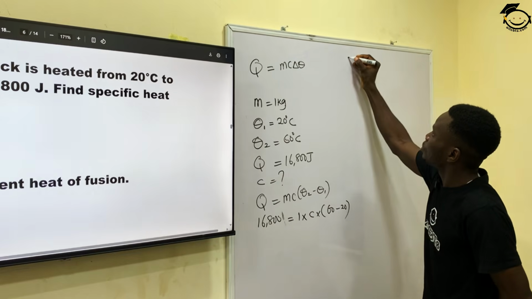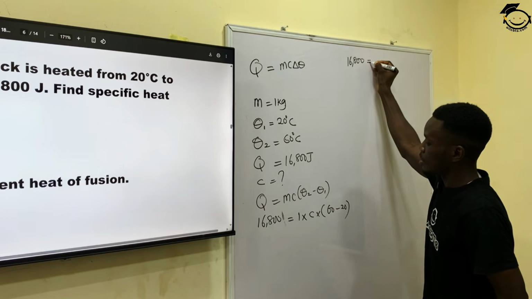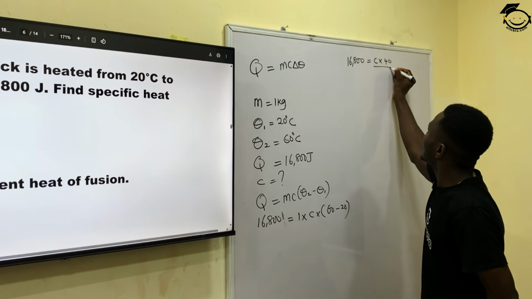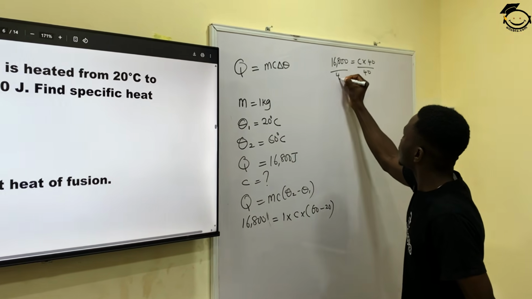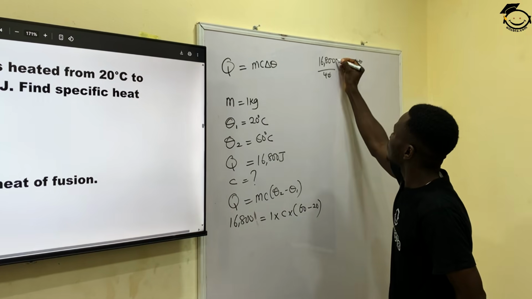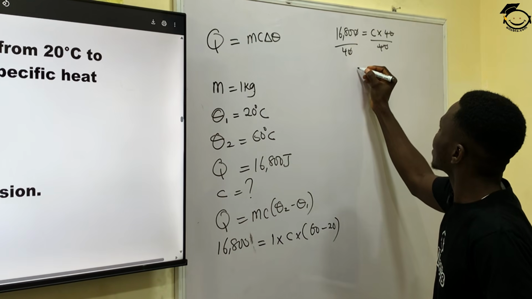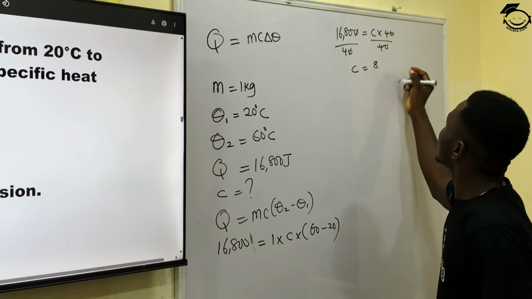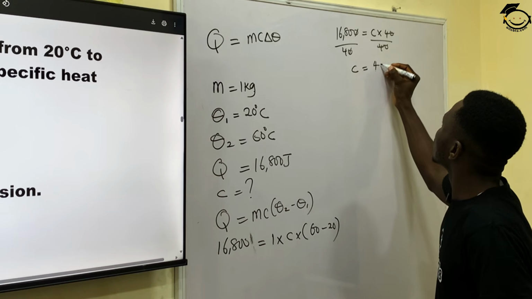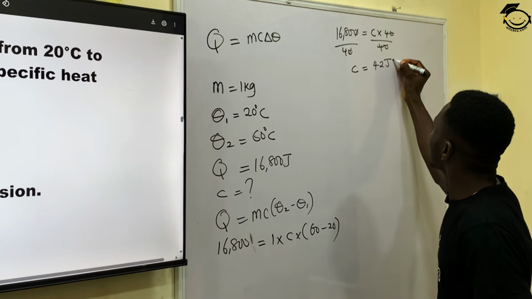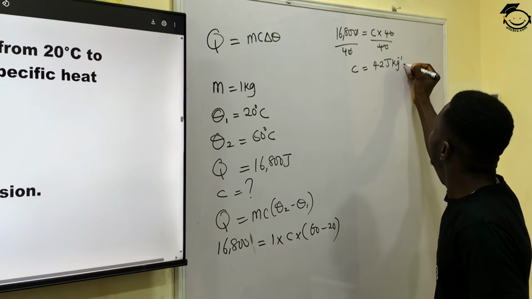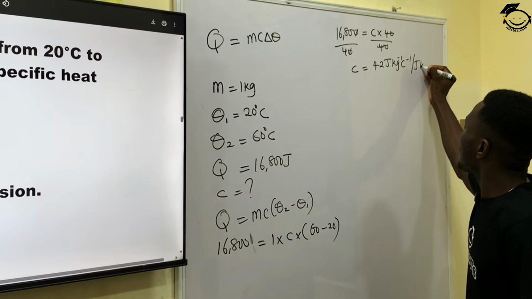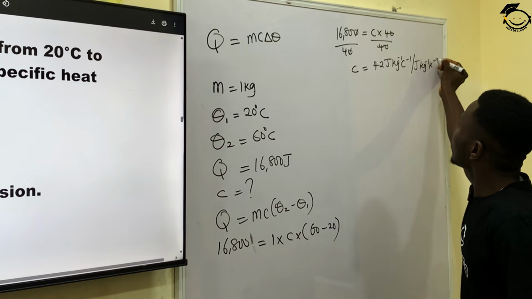So that will give me 16,800 is equal to C times 40. So I divide both sides by 40. This means that my C will be equal to 420 joules per kilogram per Celsius. We can also say joules per kilogram per Kelvin.